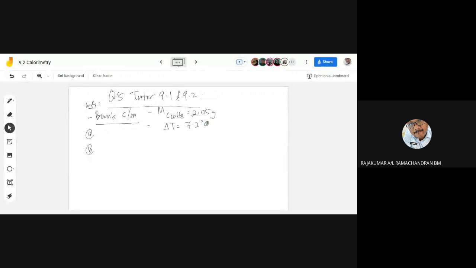So it's delta T equals to 7.2 degrees Celsius. The heat capacity, capital C, is 5.11 kilojoule per Celsius. Okay, these are the info given. And the question wants us to find the enthalpy of combustion, not standard. They want us to find the enthalpy of combustion.